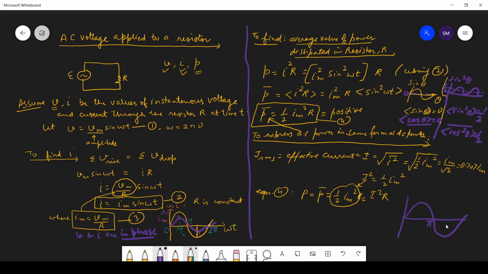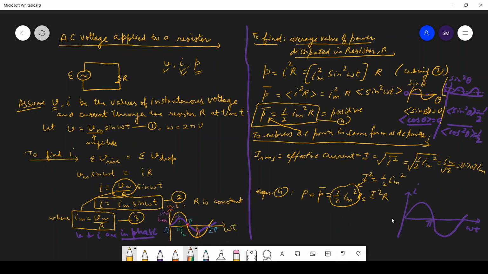This is pi, this is 2 pi, so this is omega t. This is the same graph as before, and here I have the instantaneous current.